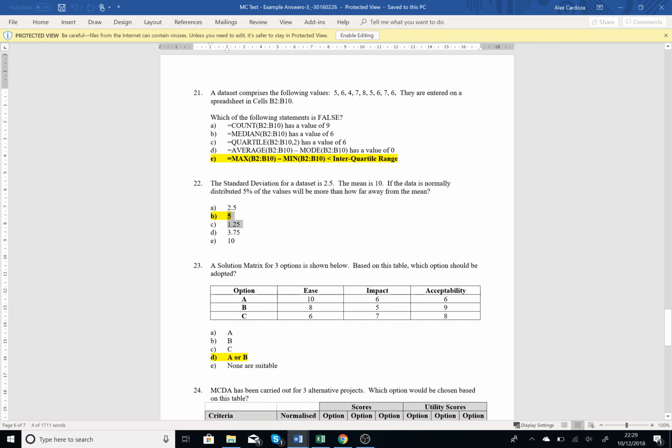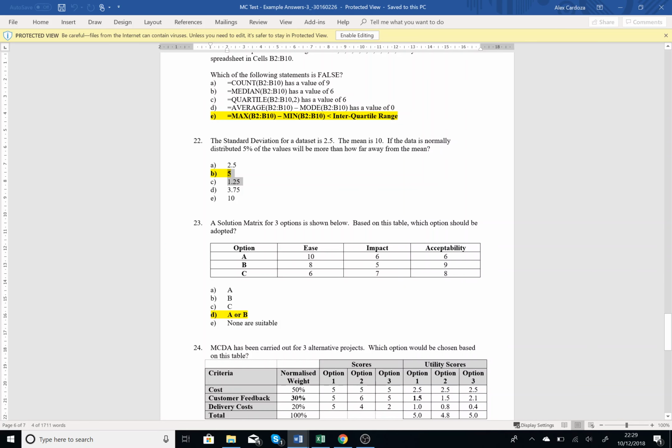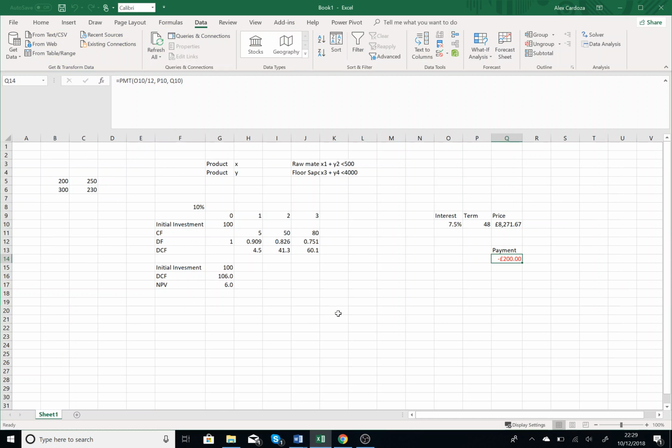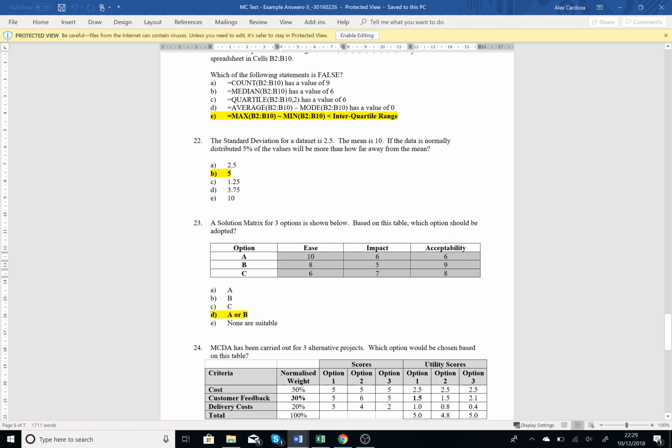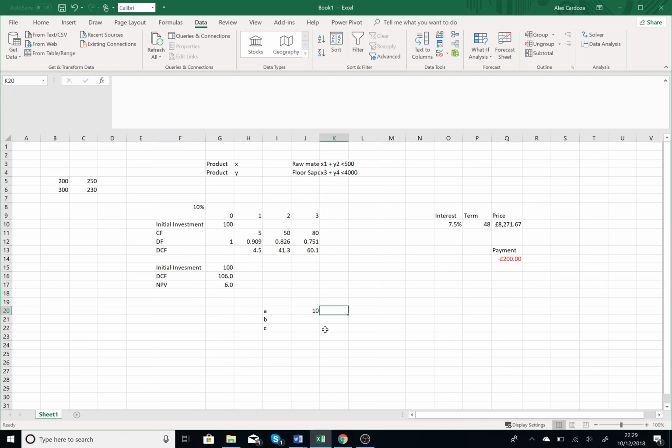So here it's saying a solution matrix with the options is shown below, based on the table which option should be adopted. So it's asking you which is the best option. So you just literally, and it's giving you the answer A or B. So if I was to say it's A, B, and C, and you got 10, 6, 6.